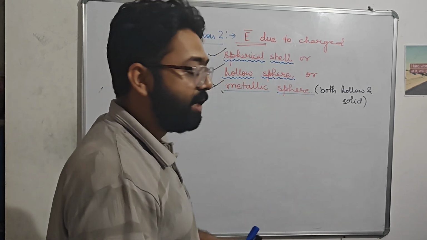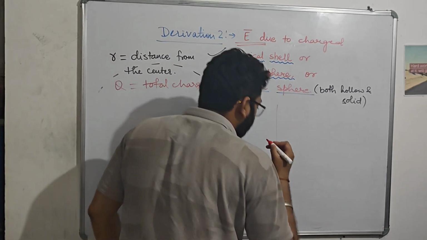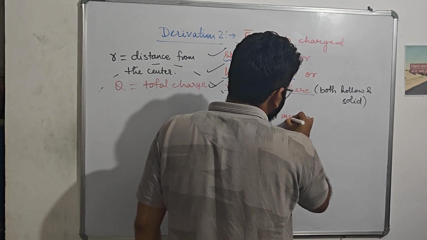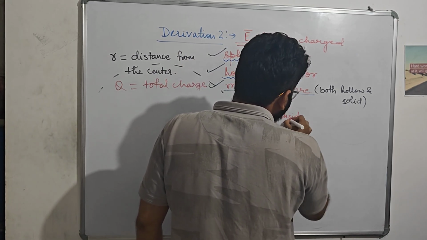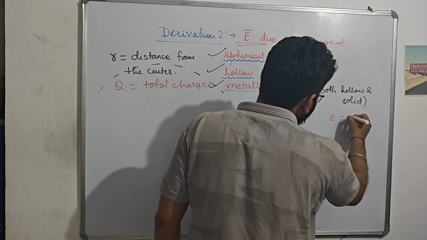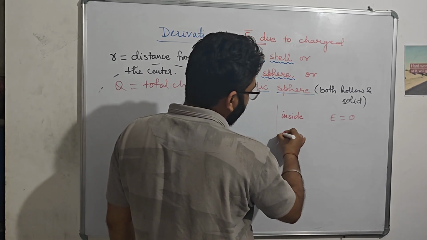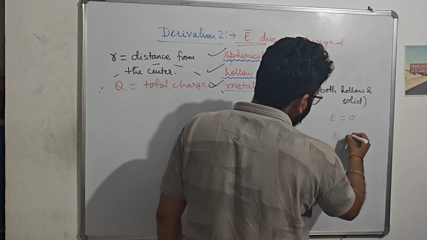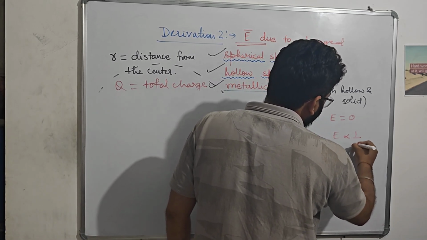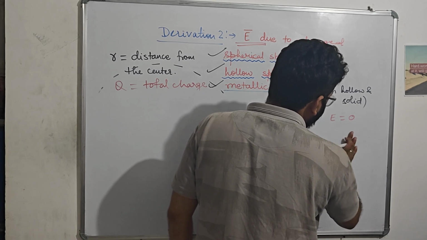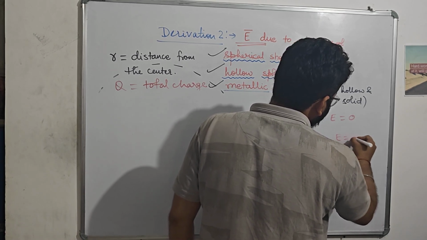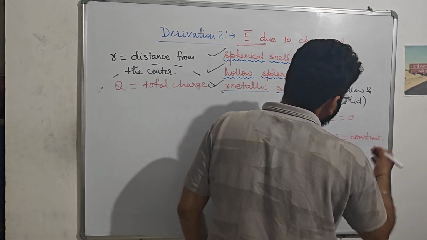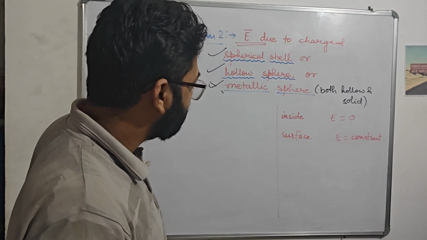See, I'll try to understand the variation of electric field with the distance r. For the inside point, electric field is 0 simply. For the point on the surface, electric field is simply proportional to R square, so it is in fact constant, because the radius is also constant.